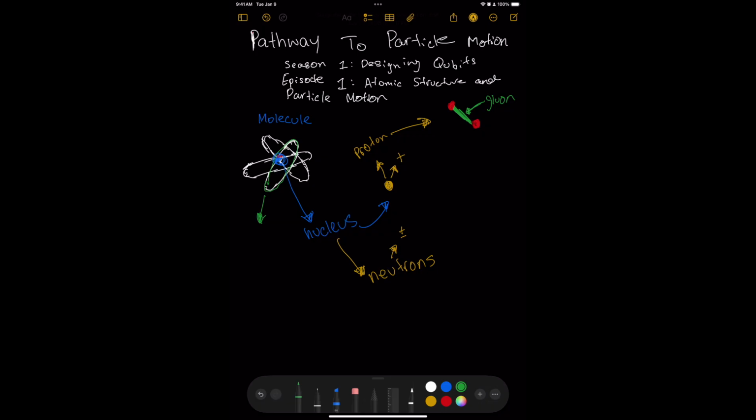There are several different types of orbitals like p orbitals, d orbitals, but we're not going to get into that in this video. Just understand that this is the area where electrons live.